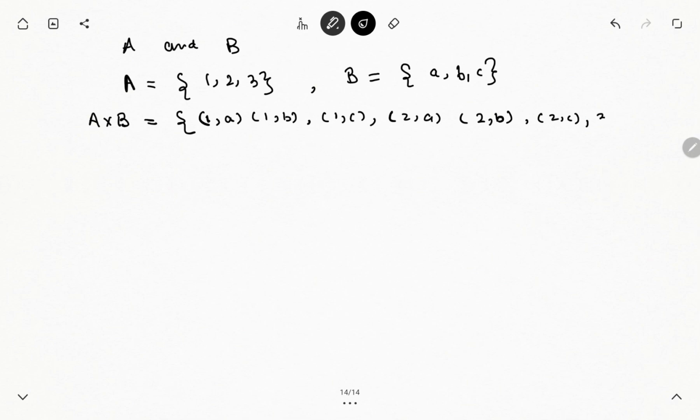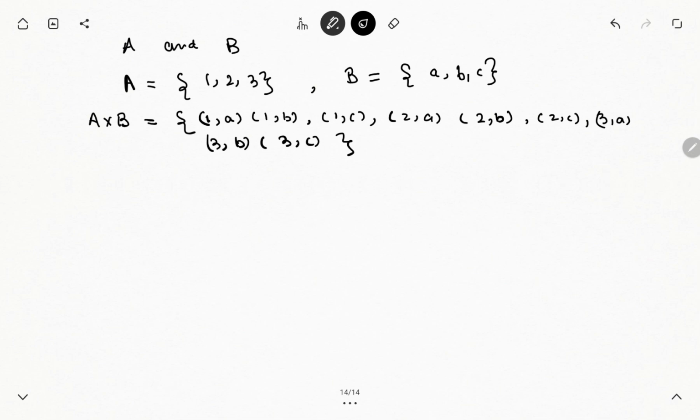Same way, 3A, 3B, 3C. So how many elements are there? See, there will be 9 elements, 9 ordered pairs. 1, 2, 3, 4, 5, 6, 7, 8, 9.